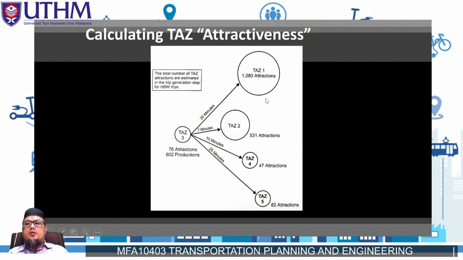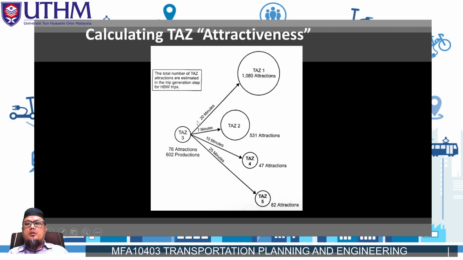Okay, let's move to this example. At TAZ3, we have the total number of attractions estimated in the trip generation step for home-based work trips. Starting from TAZ3, they have production to attractions from 3 to 1, 3 to 2, 3 to 4, and 3 to 5.